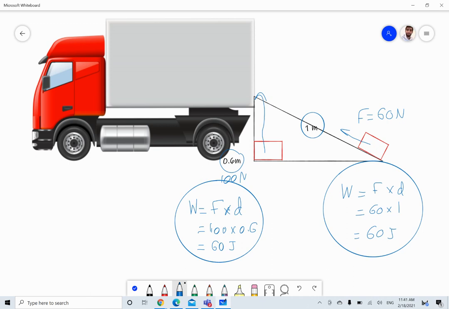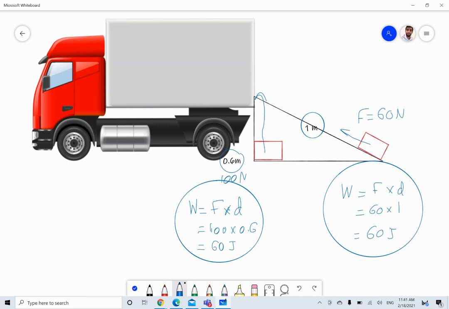Okay, so the machine will increase the distance over which the force is applied. You see, the inclined plane increases the distance I need to move the object on. So in this way, the work needed to move this box did not change.